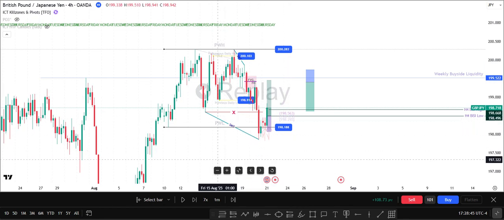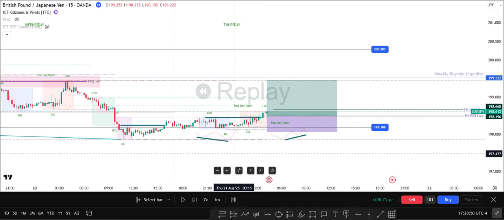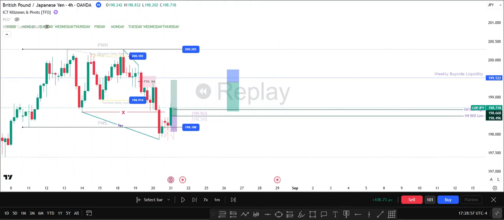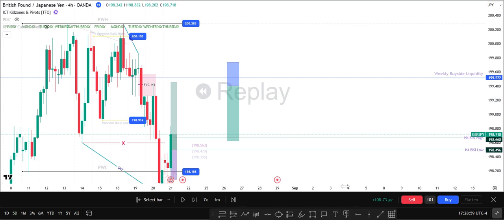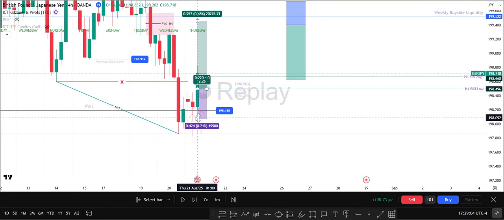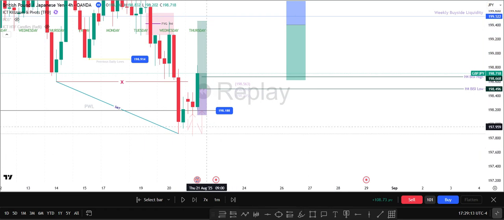So we go back to the 15. We can use the 4H to get a very neat placement of our stop. And yeah, if I fine tune it with the 4 hour, we can put it just below this consecutive down close candles.